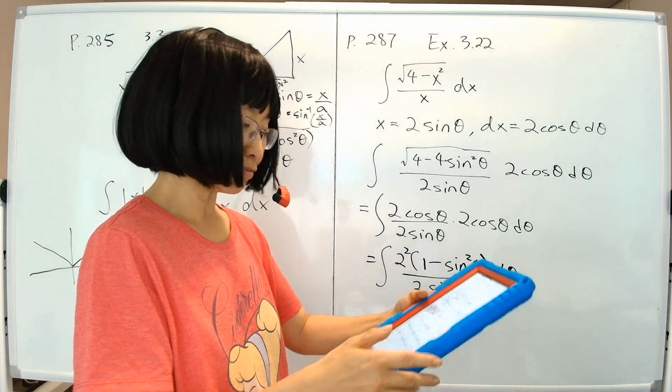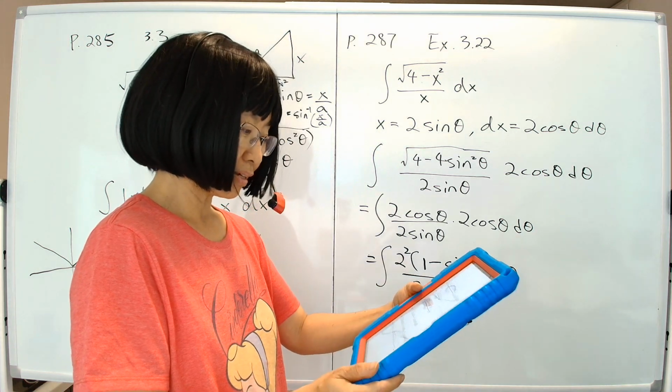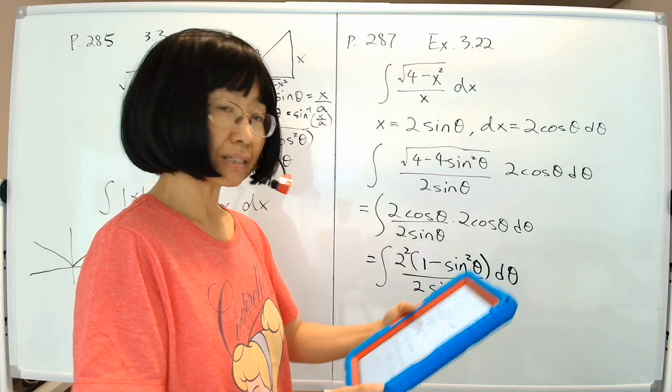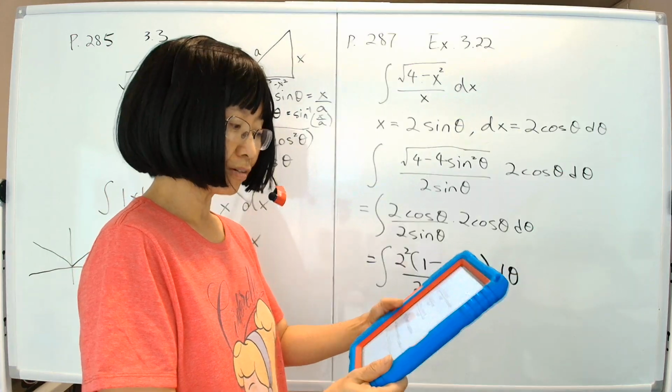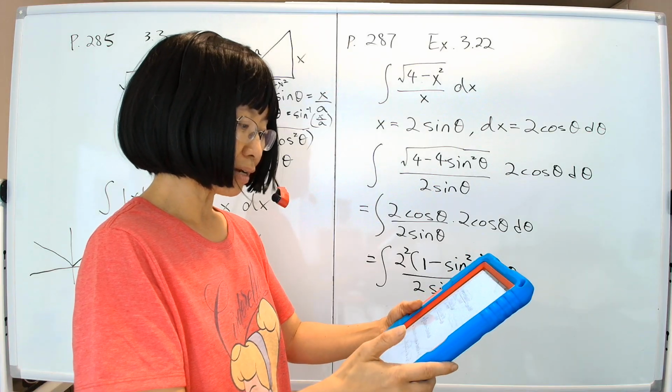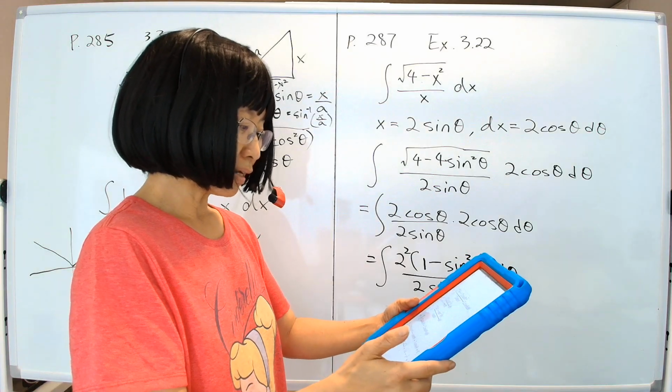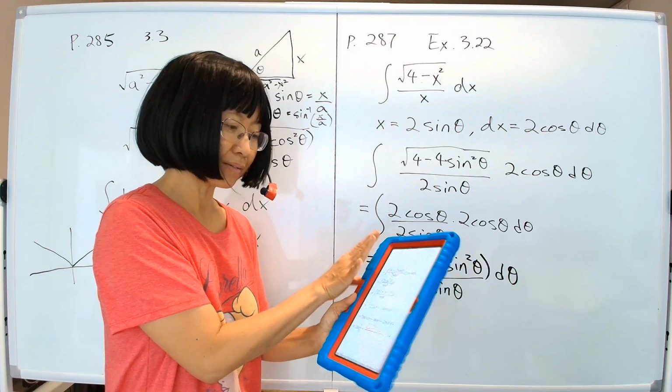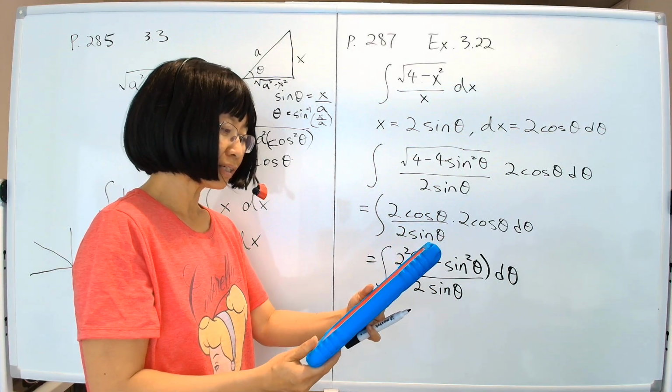There's a set formula for it, and we're just going to quote that formula. And then of course the integral of sine is negative cosine. Once we look up those charts, then we are going to plug theta back in, as shown in your book.